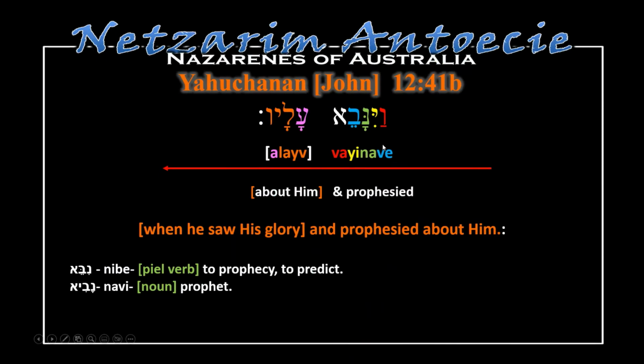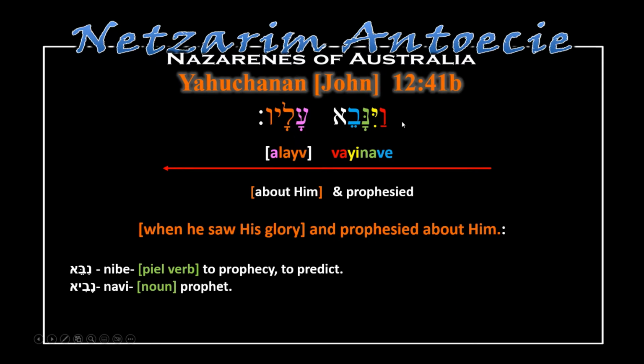And part B, we have a vav, a yod, a nun, a bet, an aleph, an ayin, a lamed, yod, and vav. So let's read it. Vayinave. Now, by having the prefix, we know it's a verb rather than a noun.